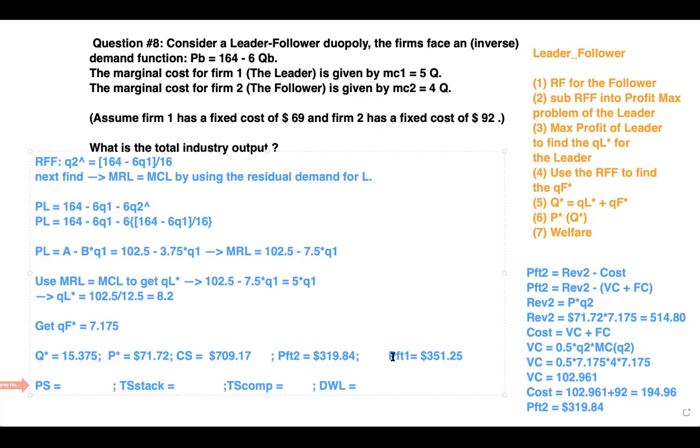And see, it is pretty nice, right? Because we can see that the leader ends up getting more profit than the follower. And I know you all may not get as excited about this as I do, but you should, because you're econ people. That's despite having a higher cost of production.